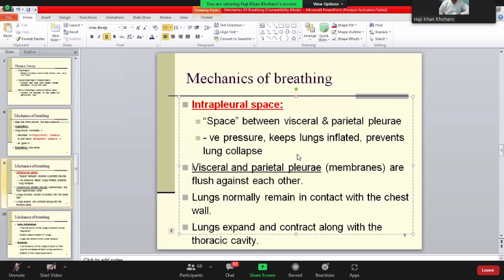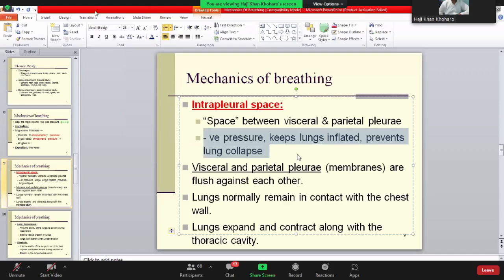This potential space has actually a negative pressure that keeps the lungs inflated and prevents the lungs from collapsing. Because lungs have a natural collapsing elastic recoil power. The lungs have a lot of elastic tissue and this is always trying to collapse, and this is prevented by the negative pressure surrounding the lung in the thoracic cavity.